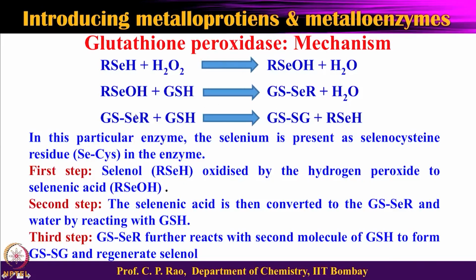Because this is acid and selenol, and here this OH will act like the acid, this will act like the base. So, therefore, you lose the water from here, H plus and the OH minus, both together will go as water, and then you get GS-SeR.